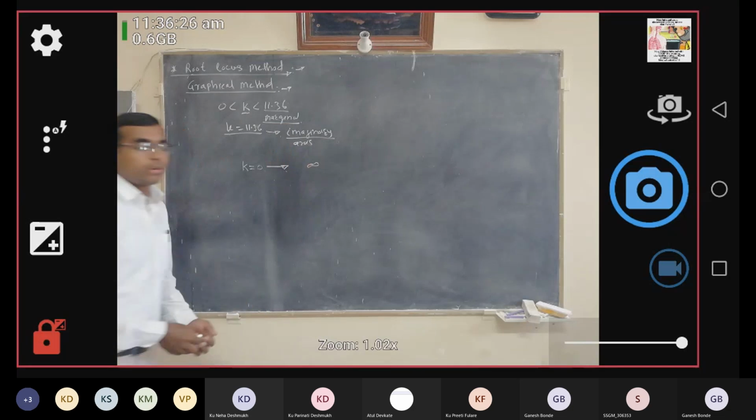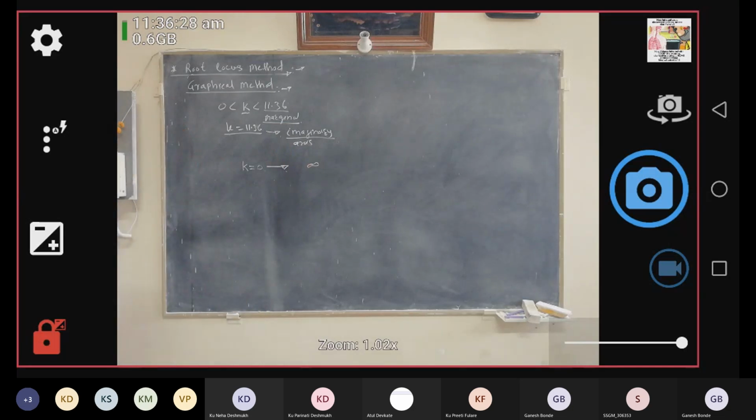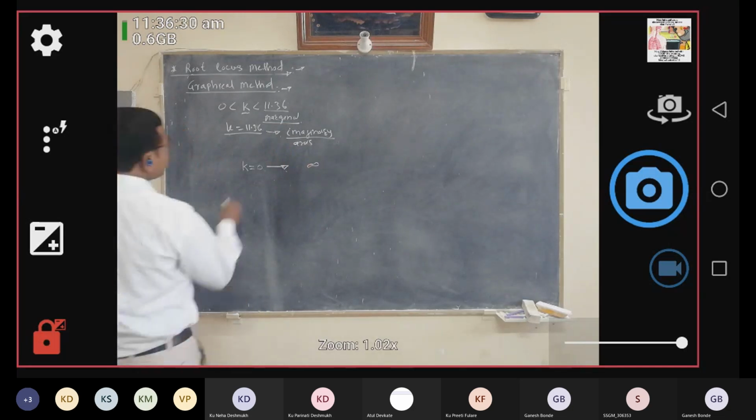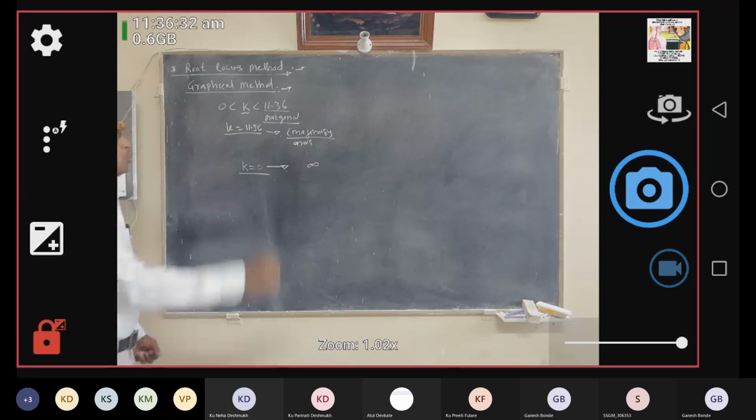That we will see later. Root locus always originates at k equal to 0 at the open loop poles. This is the actual meaning of root locus.